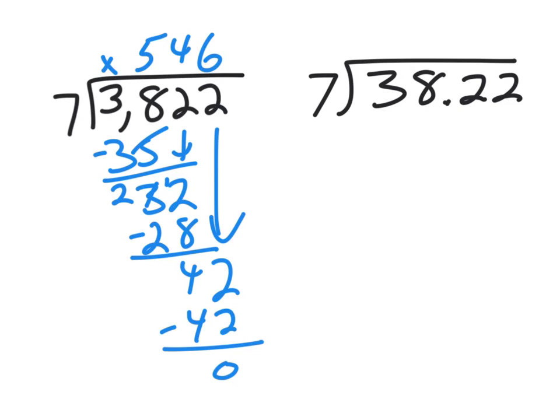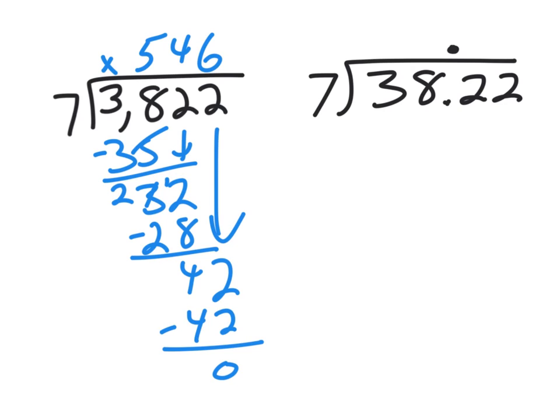Before, when I multiplied with decimals, I multiplied first and then put the decimal in the answer. I'm going to do the same thing. I'm not going to worry about the decimals to start. I might have to if I have a decimal in the divisor, but we're not there yet. This decimal is going to end up going in exactly the same spot. And then I just divide.